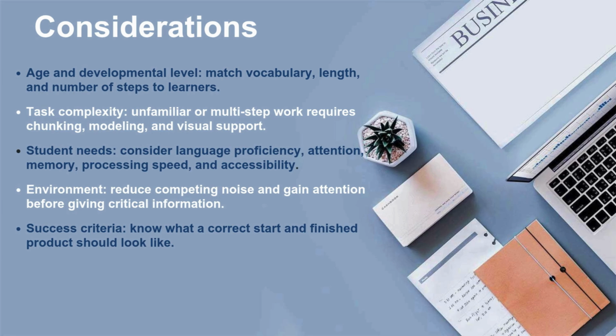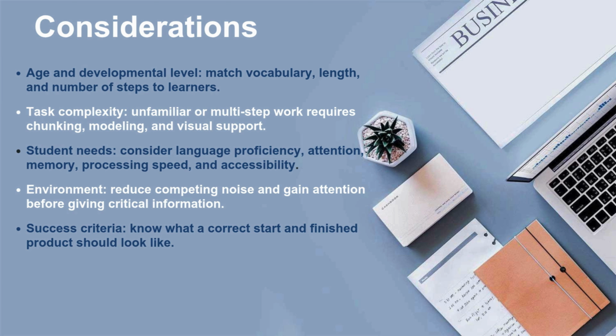So what are some things we should consider when we're constructing our directions? Age and developmental level. We want to match vocabulary and length of steps to the learners. You don't want to give the dissertation process to kindergartners, right? Because that's going to be too much for them. But you also don't want to give kindergarten level instructions to dissertation students, because it doesn't match their developmental level, okay?